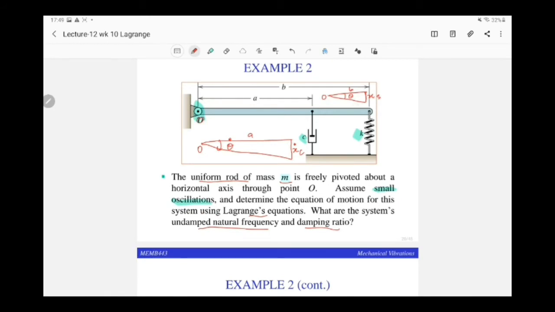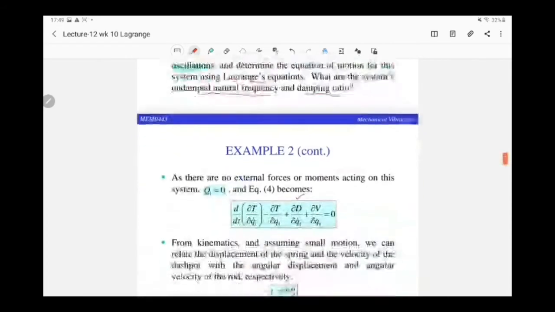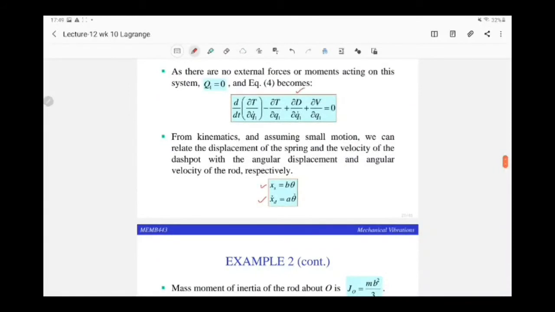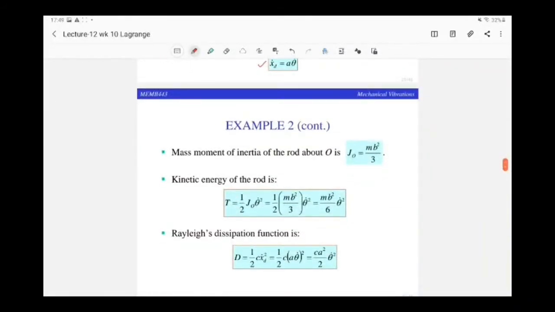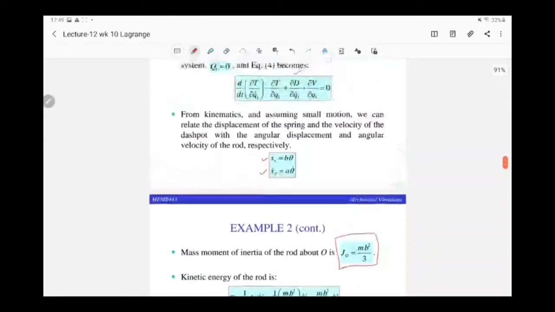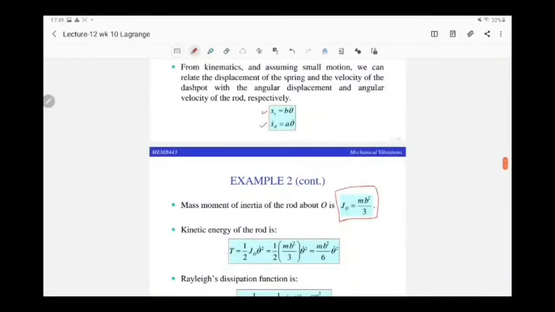So basically your X spring is equal to B theta. We have defined it here. Then you can also find that the mass moment of inertia is given by these expressions. You can actually derive it, but now it's given.